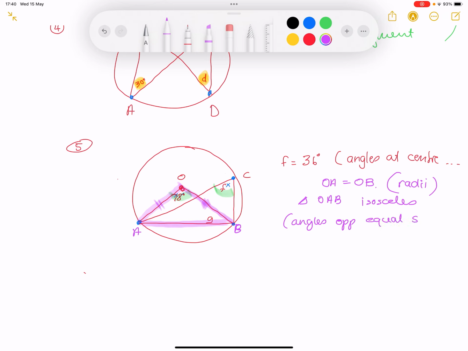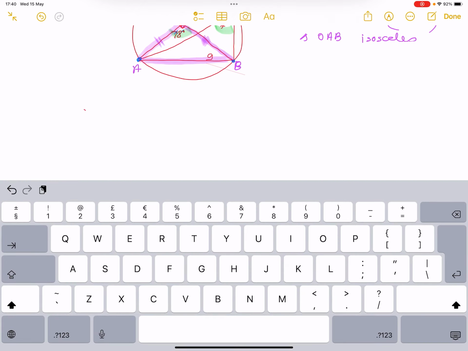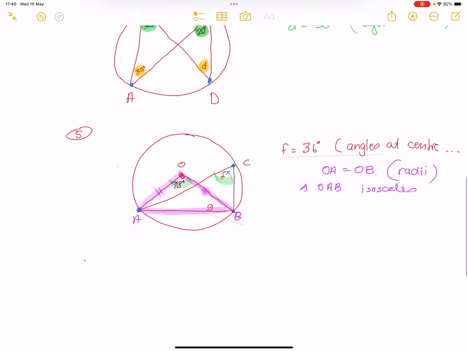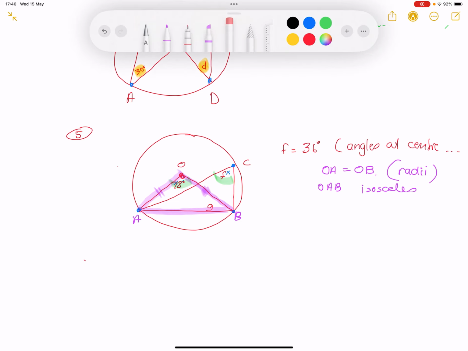Not yet. We have to say now in OAB is isosceles, therefore, you see, I've done it a long time ago, so I just want to write it clearly as they want it stated, you know. Yes, ma'am.